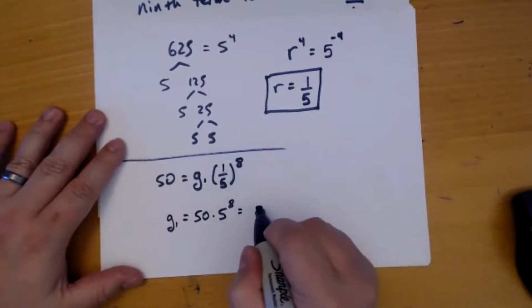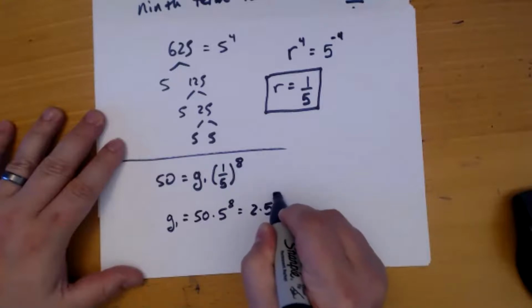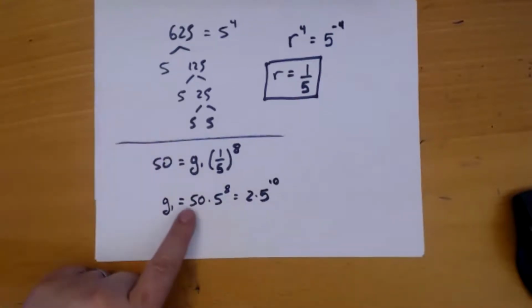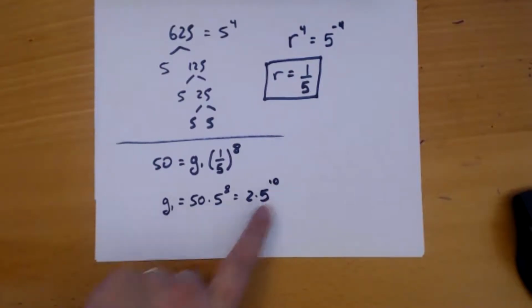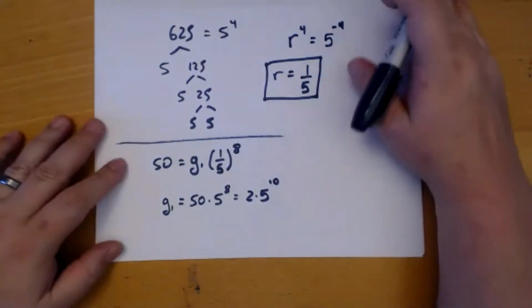And I'm just going to make my life easier here and say it's 2 times 5 to the 10th, because 50 is just 2 5s, which will give me 10, and a 2. And you can multiply that out, but there's really no need to, because in a minute we're going to be done. All right.